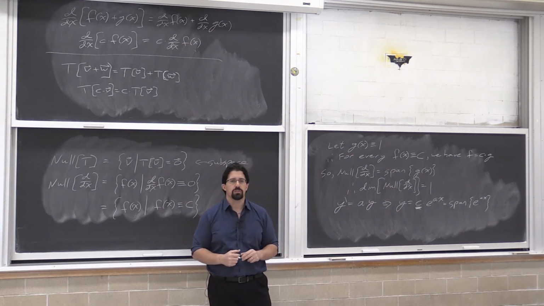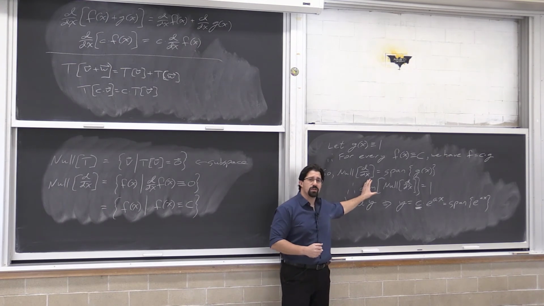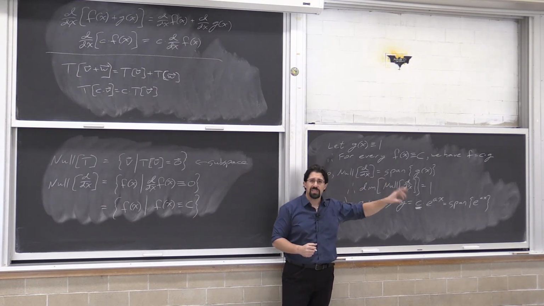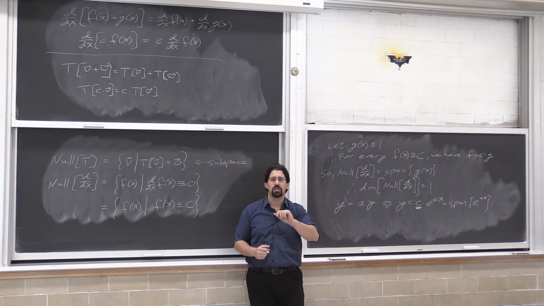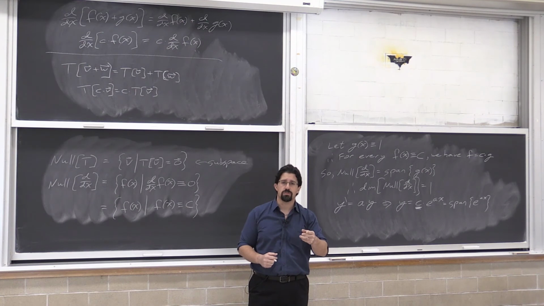In second-order differential equations, what happens is that we take the derivative twice. And so the dimension of the null space for each application is equal to 1. And so when we take a second derivative, we are sending 2 dimensions to 0.